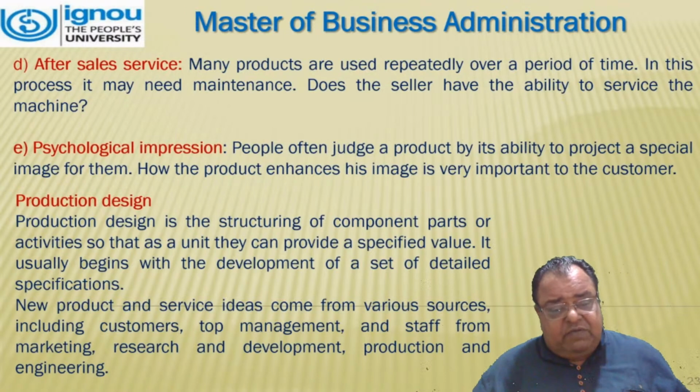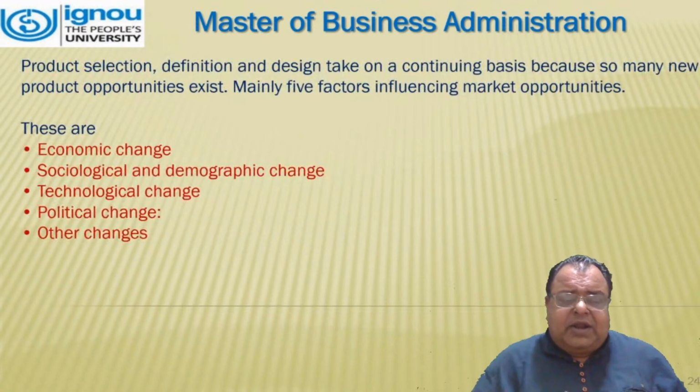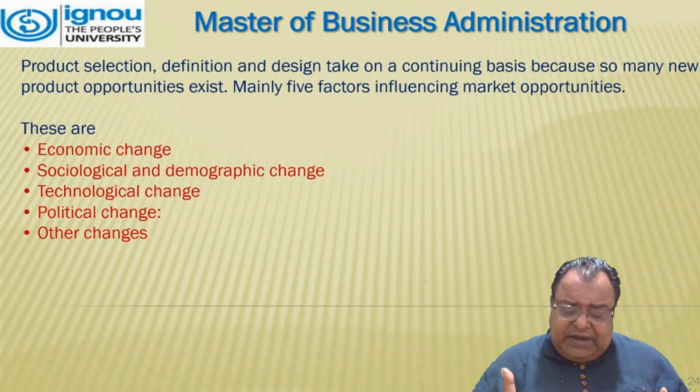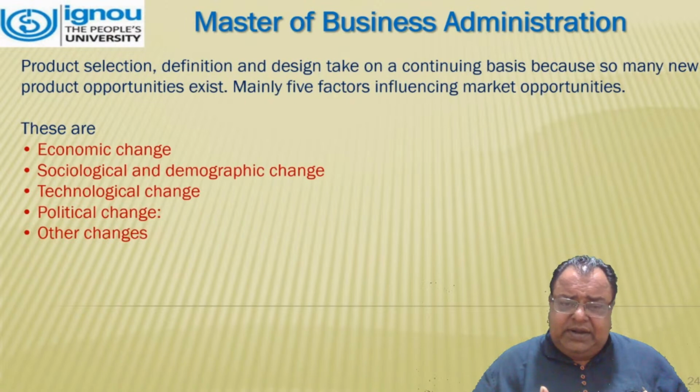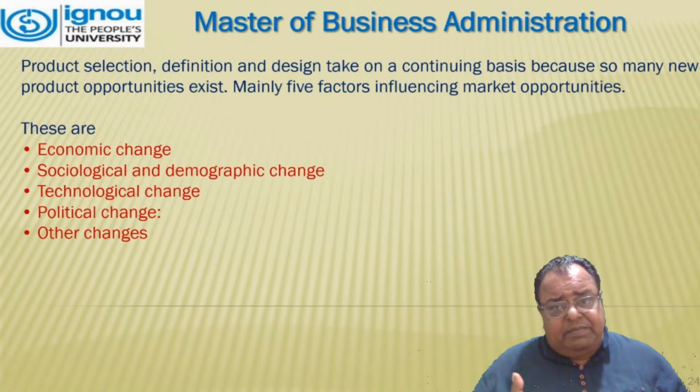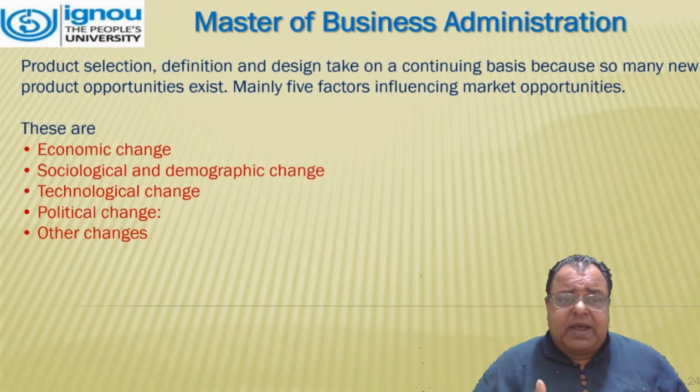New product and service ideas come from various sources, including customers, top management, and staff from marketing, research and development, production, and engineering. Product selection, definition, and design takes on a accounting basis because so many new product opportunities exist.